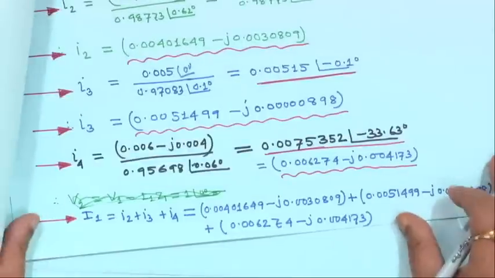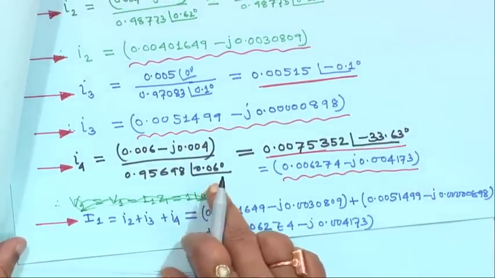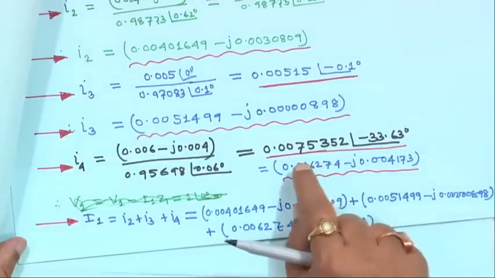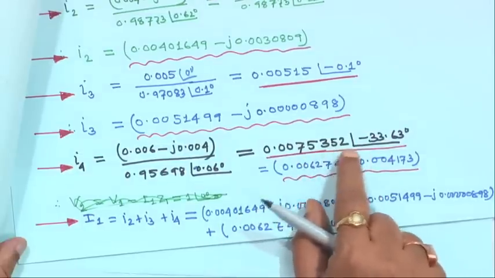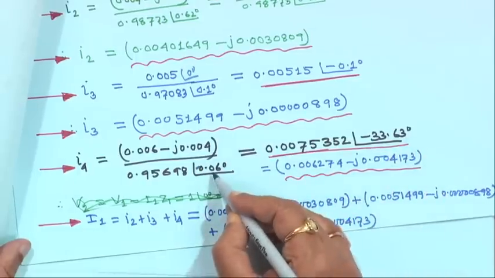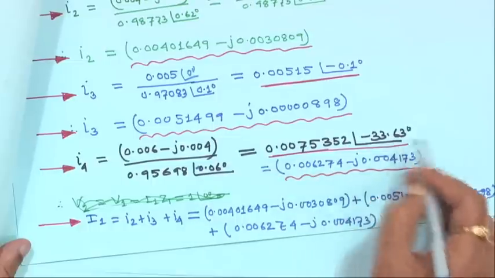So, if you just make this calculation, I 4 is equal to 0.0075352 minus 33.6. Although this is by mistake written minus, I think this angle is taken correctly, right.